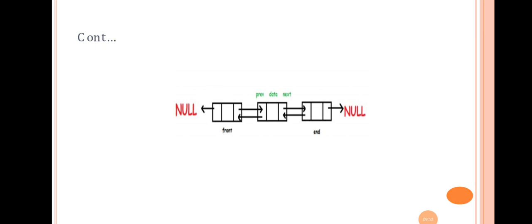In the second node, the first field will be the address of the previous node, the second field will be data, and the third field again stores the address of the next node. In the third node, the first field stores the address of the previous node, the second field stores data, and the third field is null because it doesn't store any address.